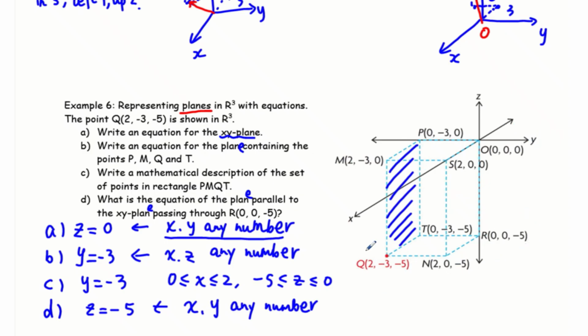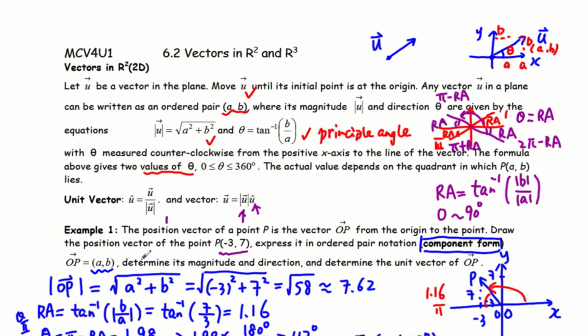Okay, so in this lesson, what we have done is we have extended vectors from 2 dimensions to 3 dimensions, and we introduced a unit vector. A unit vector has magnitude 1, but the direction is in the vector's direction.